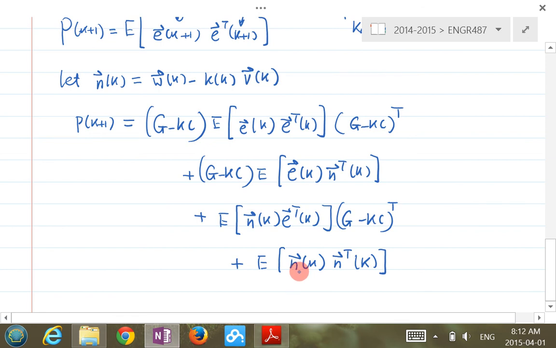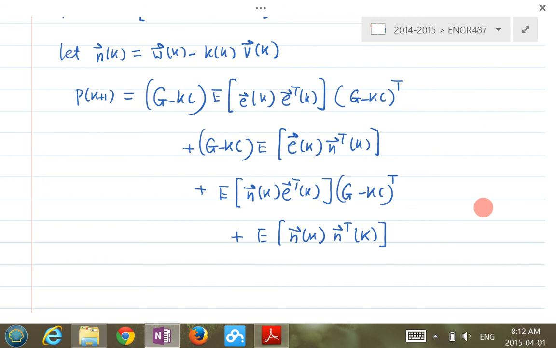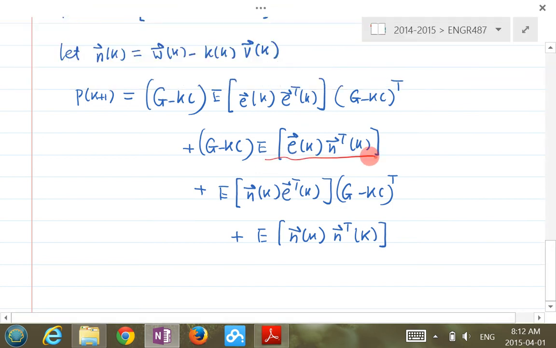So the expected value of this is basically the correlation here. A lot of terms here will all become 0. E and N, they are independent. N and E, they are independent. So this and this, 0. And this is also going to be 0.